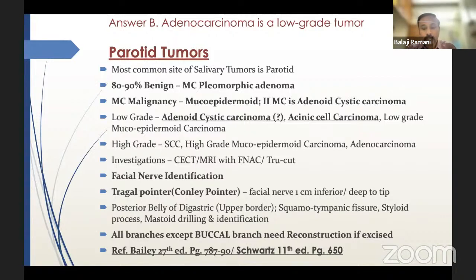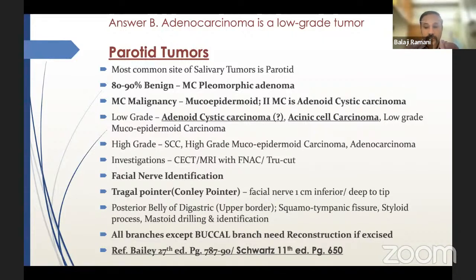Suppose you have a tumor in the deep lobe. Let us say you got a pleomorphic adenoma in the deep lobe. What is the management? Yes. So whenever you have a deep lobe tumor, you don't need to do a radical parotidectomy. Only if the nerve is involved, you have to do a radical parotidectomy.